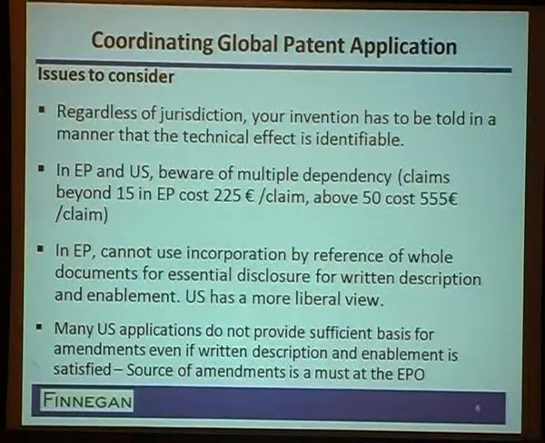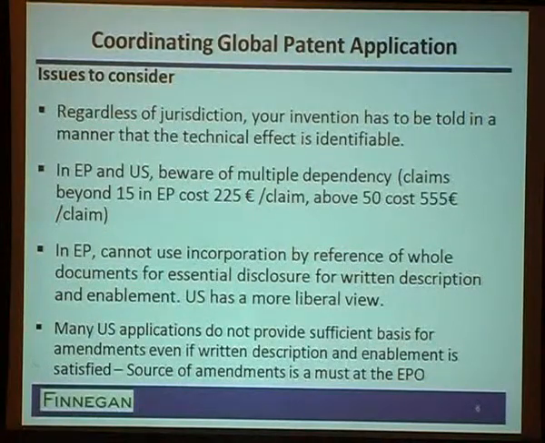And then the next point is Article 123(2). I think my previous speaker had clearly defined the problems you would encounter when you want to amend your application. So one big issue between the US and Europe is that US has a more liberal approach with respect to amending your claims.